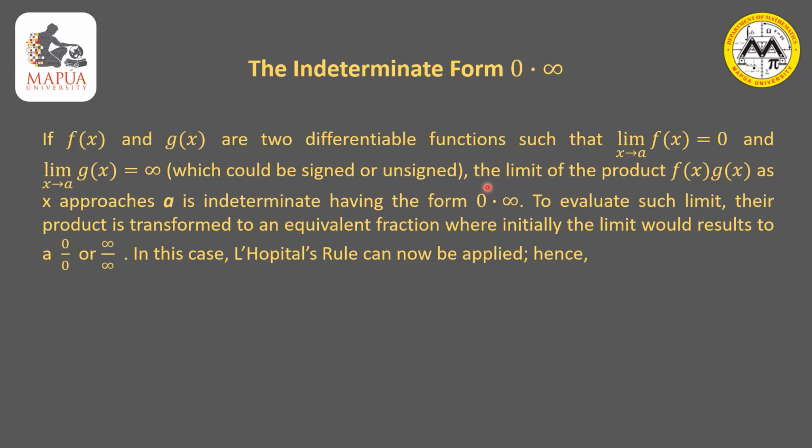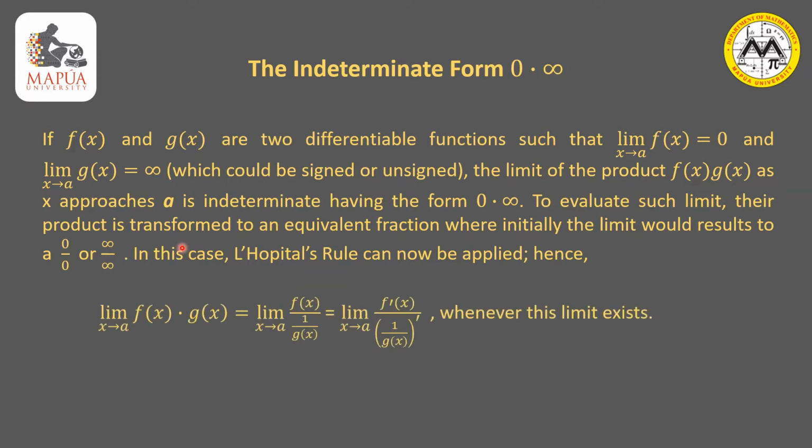Now, to evaluate such limit, what we need to do is first to transform the product f of x times g of x into an equivalent fraction that would give us initially a limit of 0 divided by 0 or infinity over infinity, so that in this case, we can now apply L'Hopital's rule.